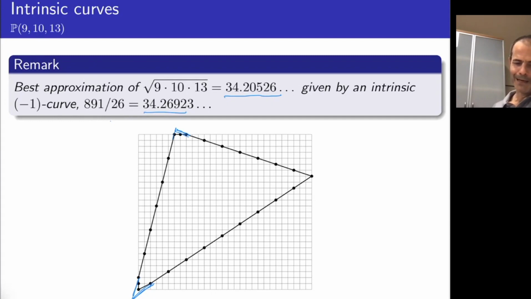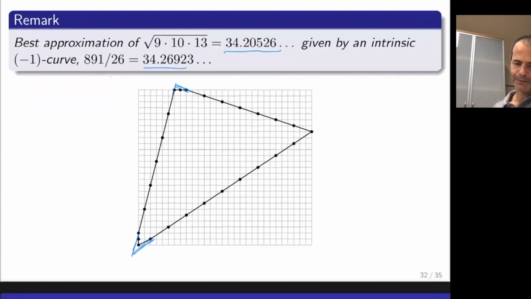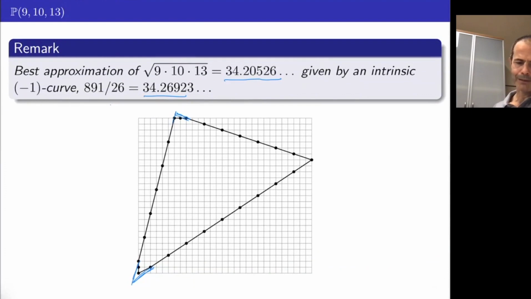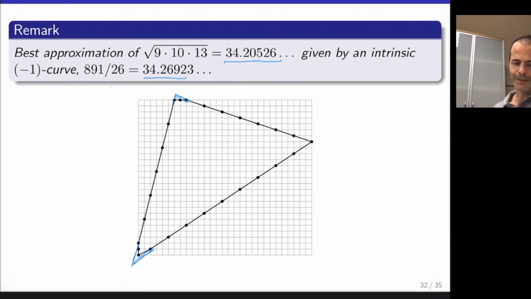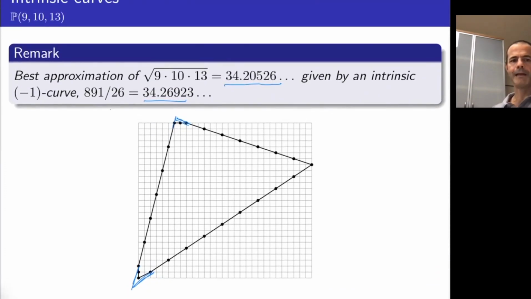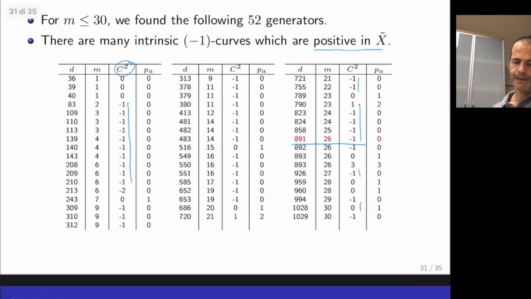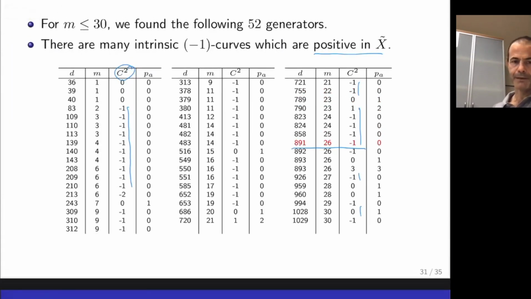But now I wanted to end with a natural question, because we saw on one side that there are many intrinsic -1 curves appearing here, and on the other side, that it is possible to construct infinite families of intrinsic -1 curves.